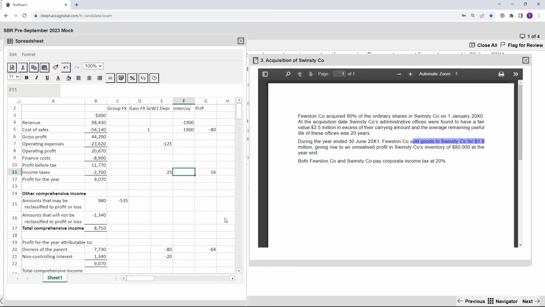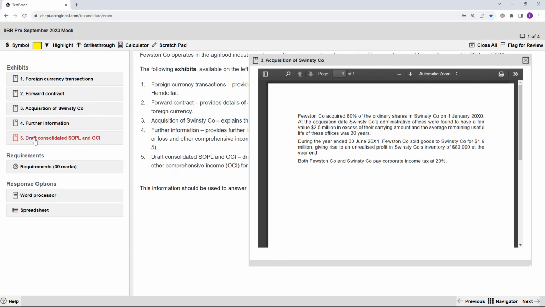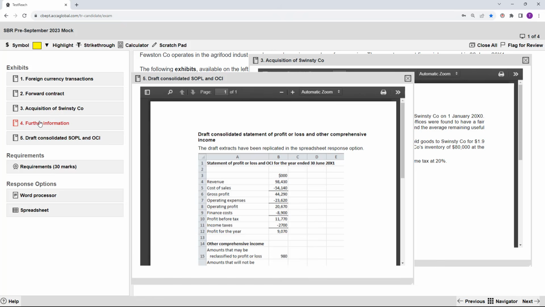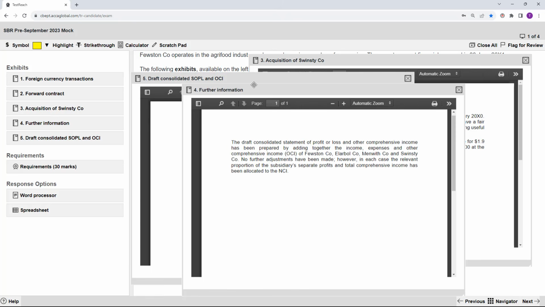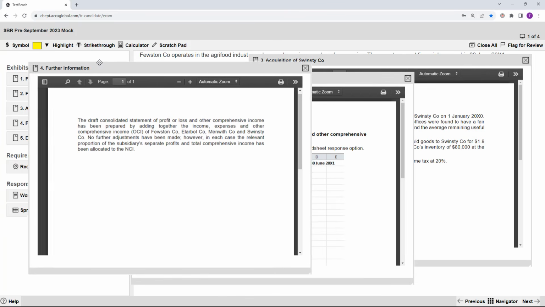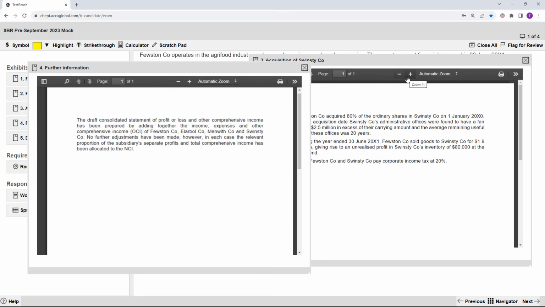Good. Right, where am I? I still have some time left, I think. I have looked at scenario number 3. What I haven't done yet is to process scenario number 4. And scenario number 4 says the draft consolidated profit and loss account and OCI has been prepared by adding together the income and expenses.